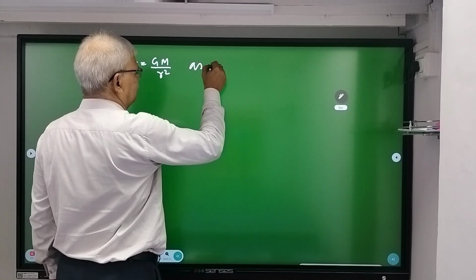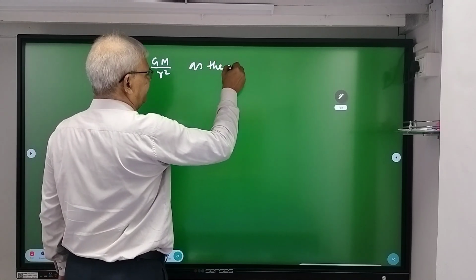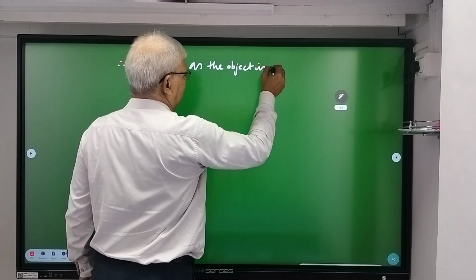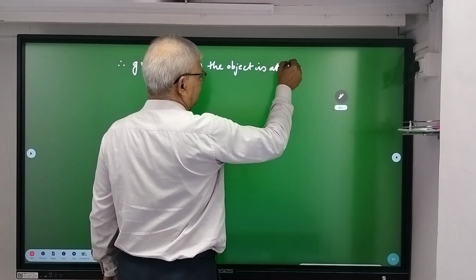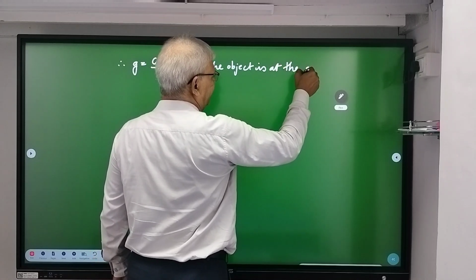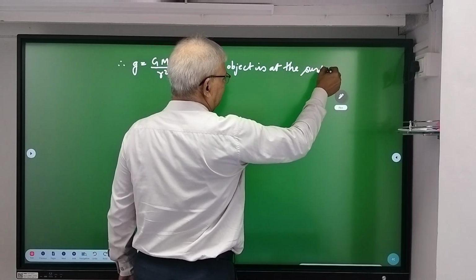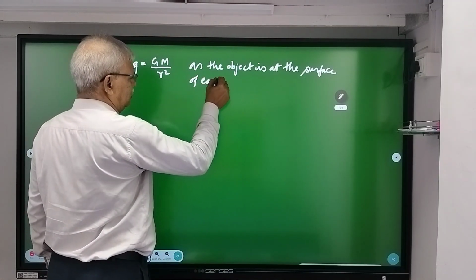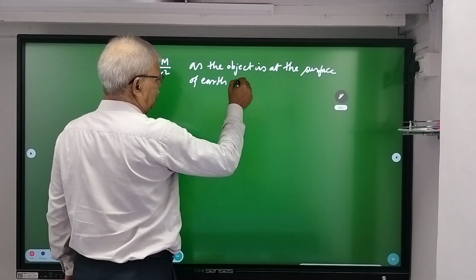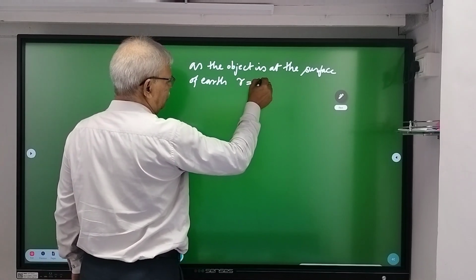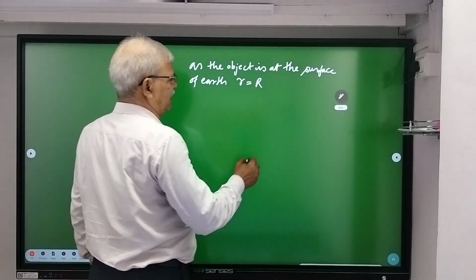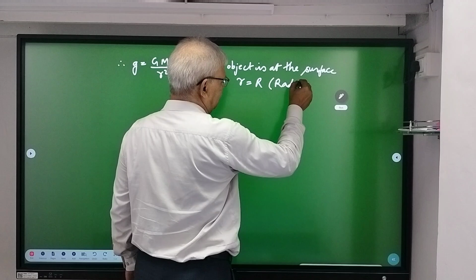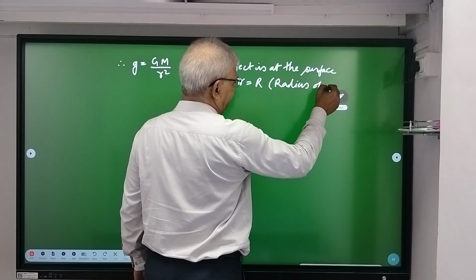as the object is at the surface of Earth, r is equal to capital R, that is the radius of Earth.